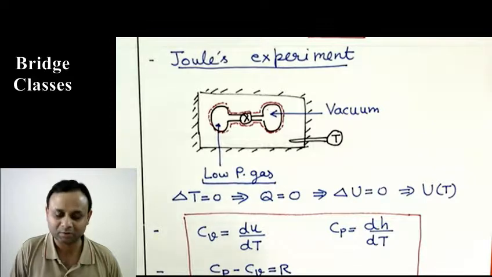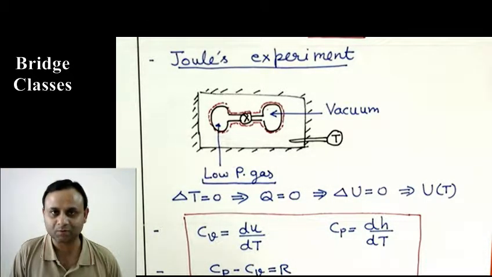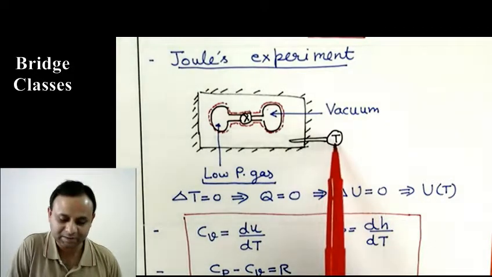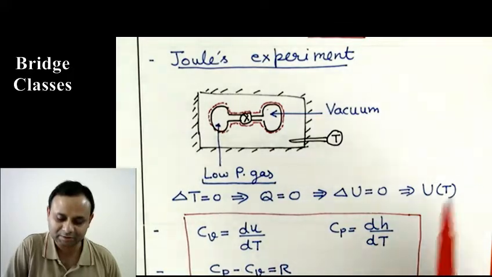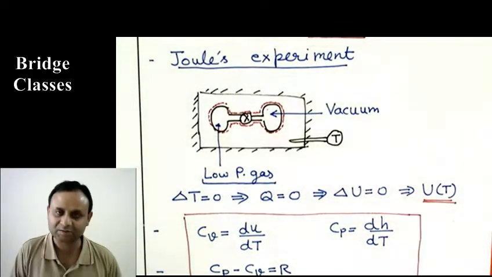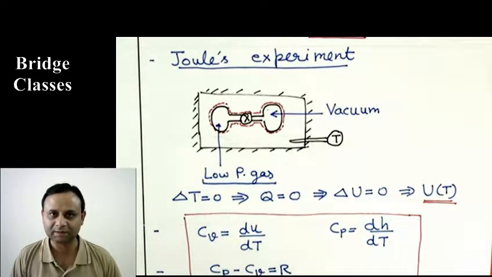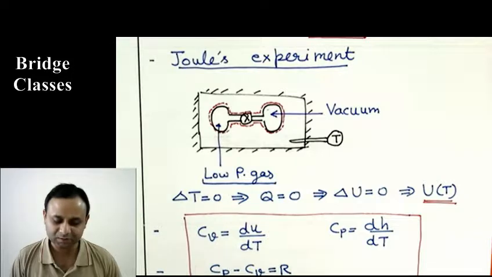So you can argue that internal energy does not depend on pressure or volume, it depends on the other variable which remained constant, which was temperature. Temperature did not change, so you can say U is a function of temperature only. That is based on Joule's experiment, but mathematically also you can show that if PV equals RT, then U is a function of temperature only.